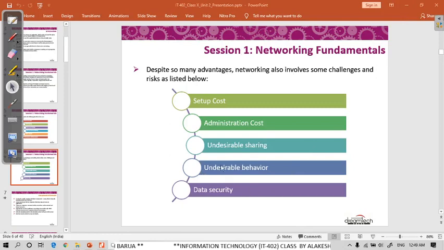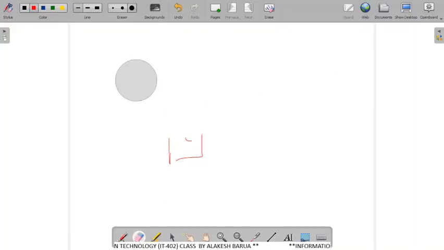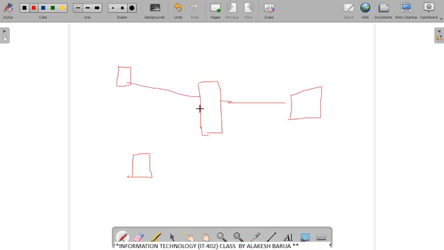Undesirable behavior. Now, how undesirable behavior is, let's say, where I have explained how computers can share their computational resources. If there is this computer, this computer and this computer, and a task is given to this computer to process something, then this computer will divide up the task among these two computers.